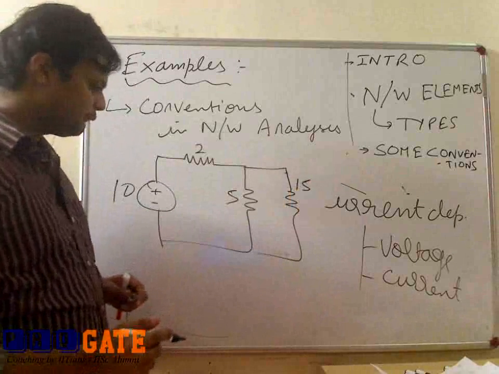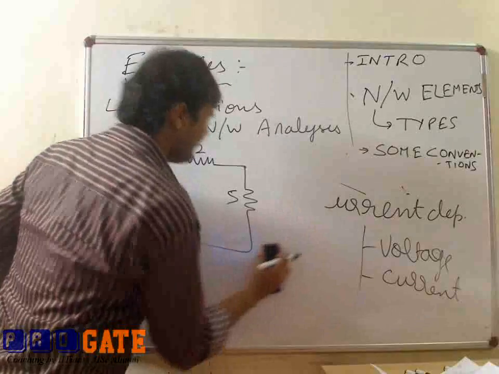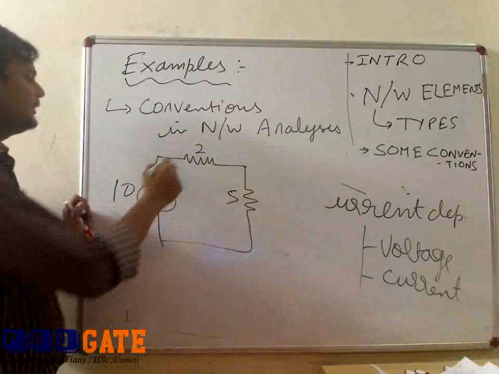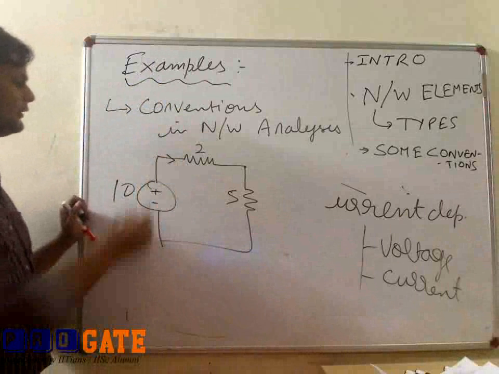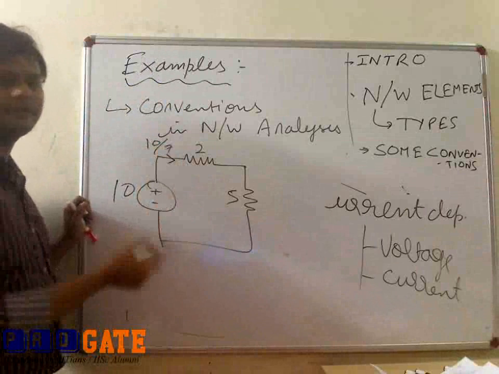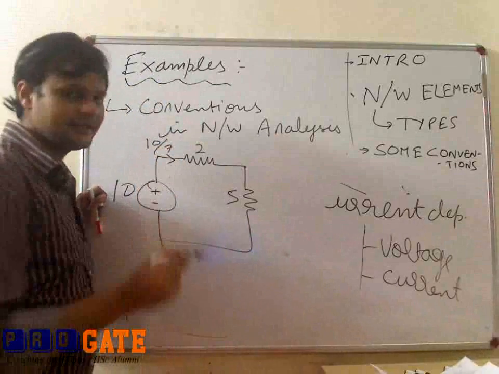Let us say there is not any resistance, and what is the current flowing here? 10 by 7 is very simple. We used to add resistances in series and voltage upon the sum of the resistances is the current. This is a series network.